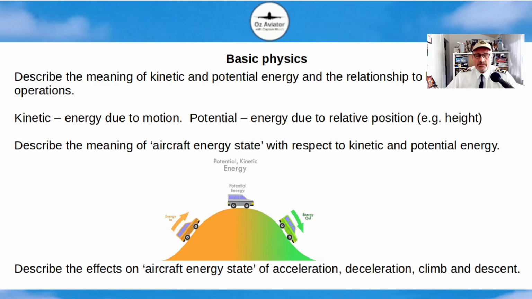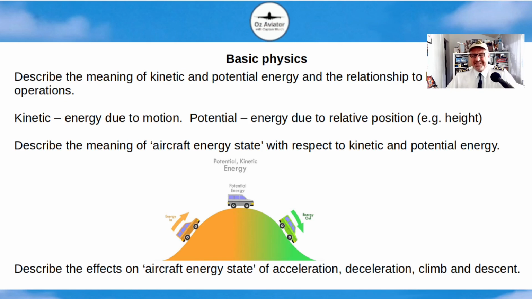So if the aircraft is going slow, at its slowest speed, it has low kinetic energy. If it's going at its maximum speed, it's got high kinetic energy. Potential energy, if the aircraft's sitting on the ground, no potential energy. If the aircraft's up in the air, the higher it is, the more potential energy it has. So it has the potential to use that energy.